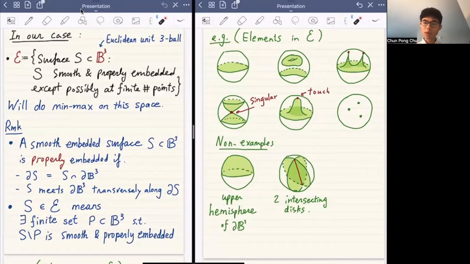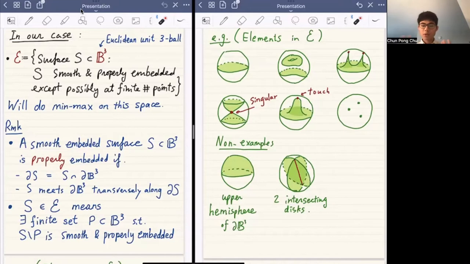Because if you do not allow singularities, let's say you have some genus 0 surface and genus 1 surface, they will be completely unrelated under, let's say, the smooth topology, right? We want to use the smooth topology because that would be the topology that allows us to do min-max, the Simon-Smith min-max theory later.